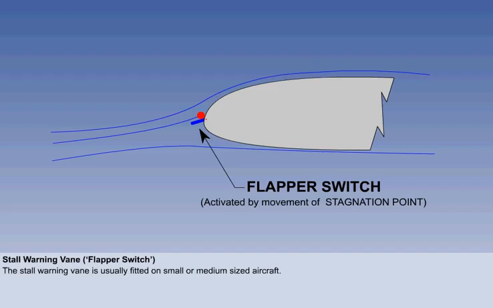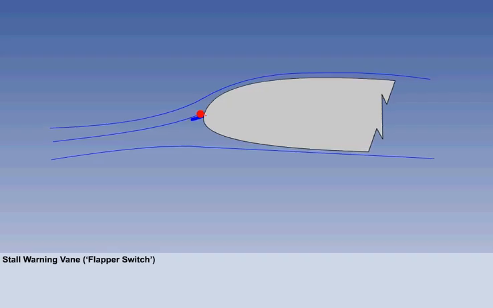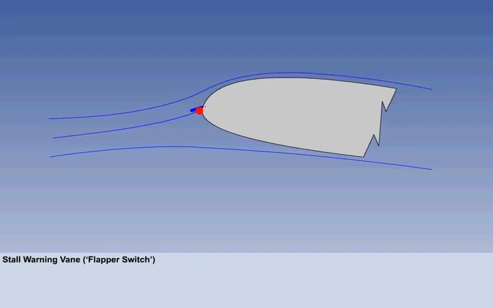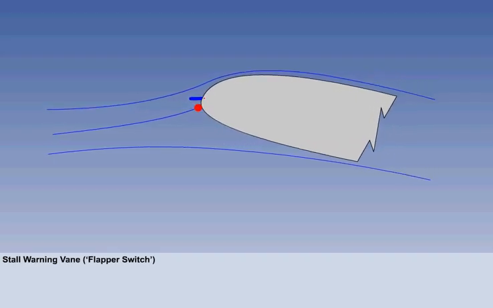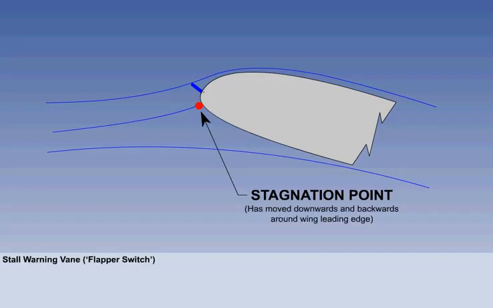The leading edge stall warning vane, or flapper switch, usually used on small and medium-sized aircraft, is positioned so that at normal angles of attack, the airflow holds it down. But as angle of attack increases, the stagnation point moves down and back around the leading edge, and the change in pressure raises the switch, making the contact.